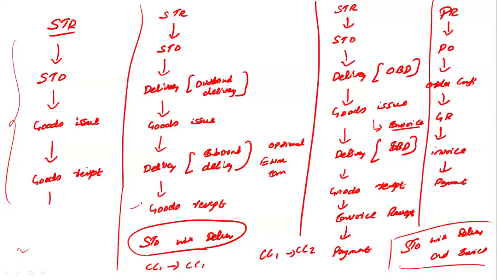So first thing, is there a financial posting happening here? When I say financial posting, is the amount getting debited and amount getting credited here or not? First thing. If amount is debiting and crediting, when is the amount getting transferred from plant to plant? Can someone answer? You have seen the goods receipt part.